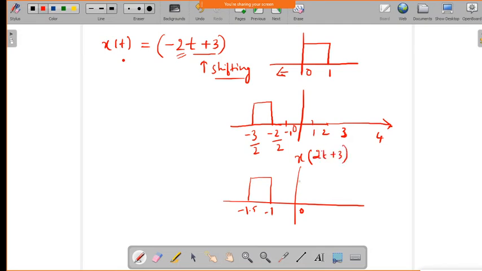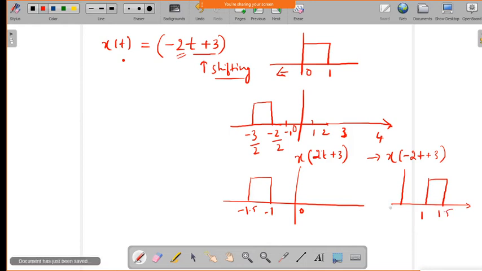Now again I need to reflect this signal. If I reflect this x of minus 2t plus 3, I will obtain the resultant. It will be on the positive axis, that is 1 and 1.5. So this is about the reflection, and this is the final signal of the operations performed.